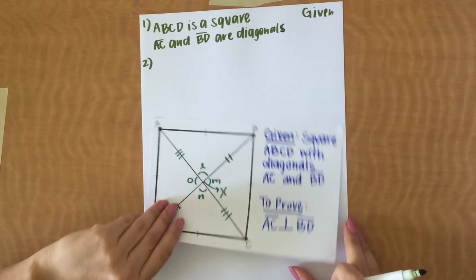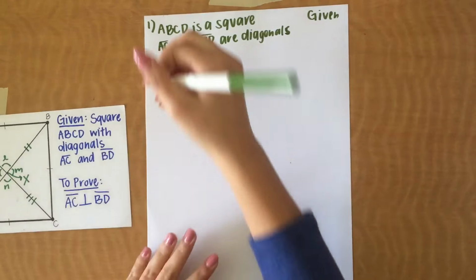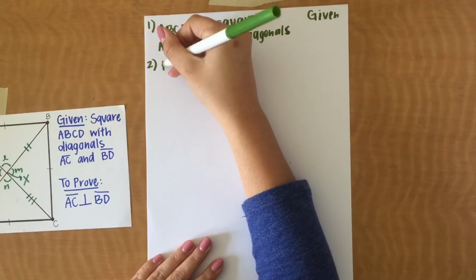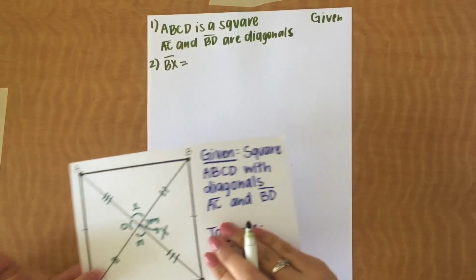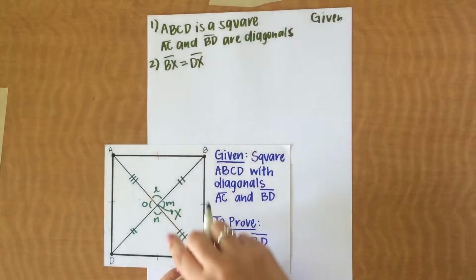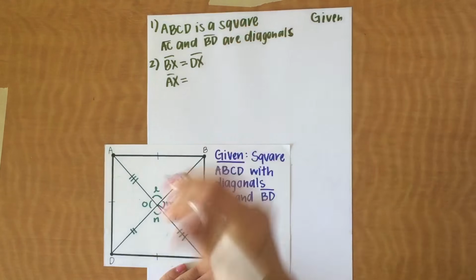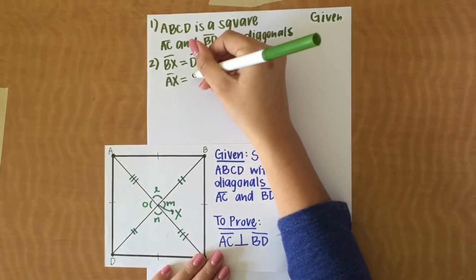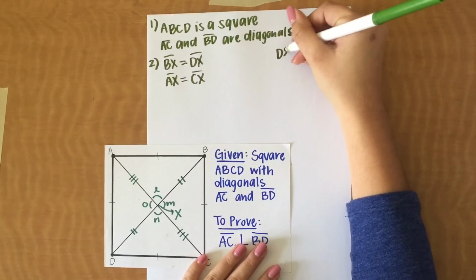So we can write that out. We know that BX is equal to DX, and AX is equal to CX. And this is because of the definition of a square.